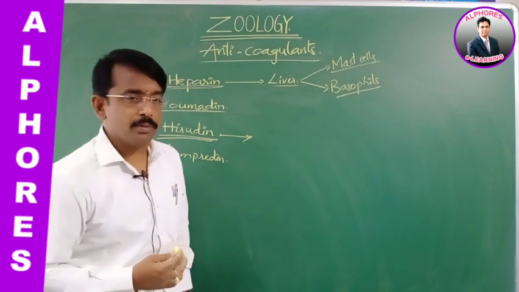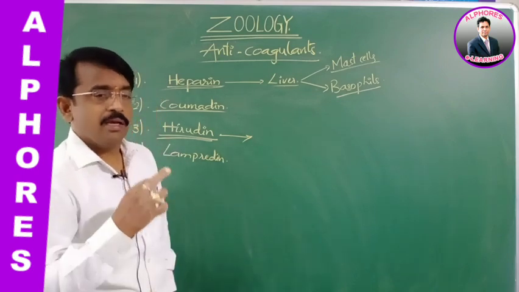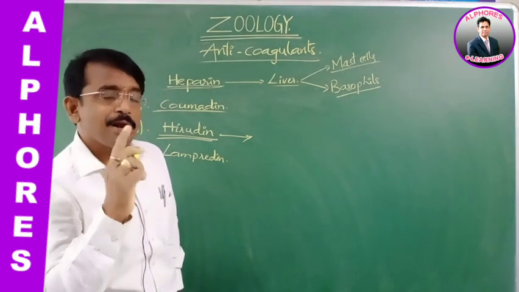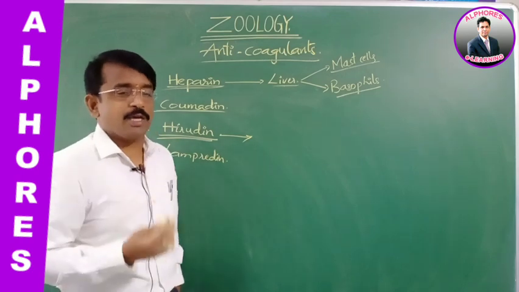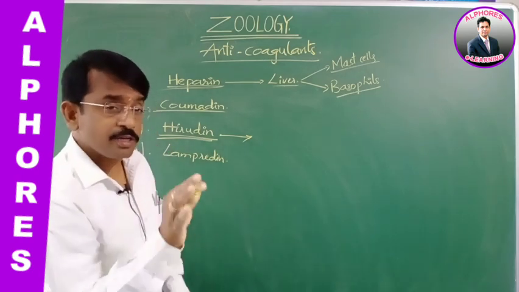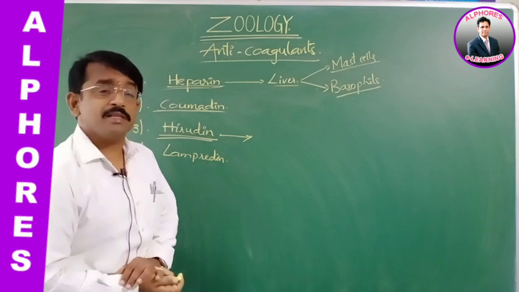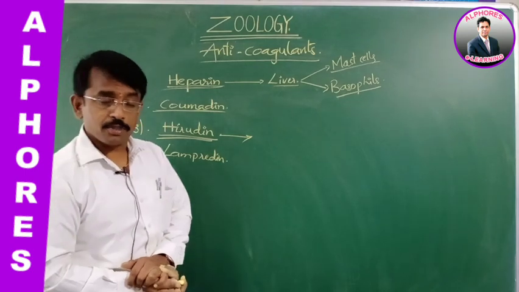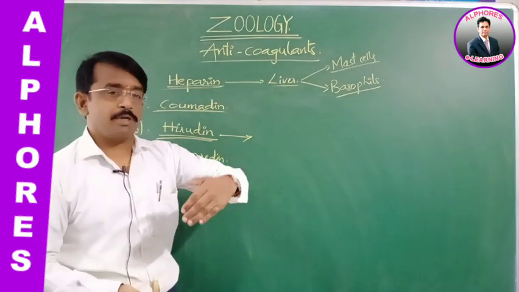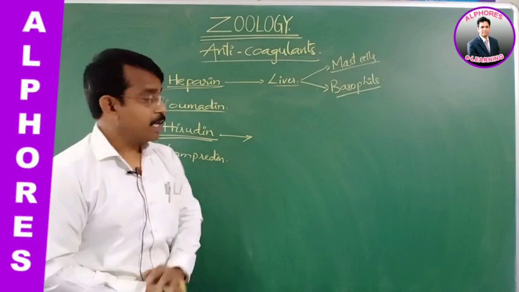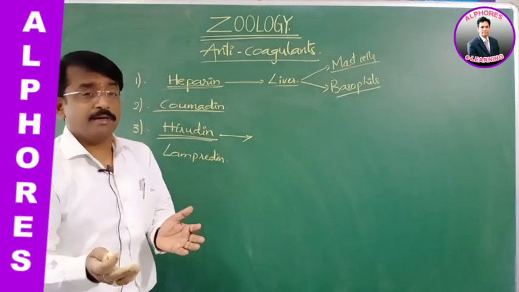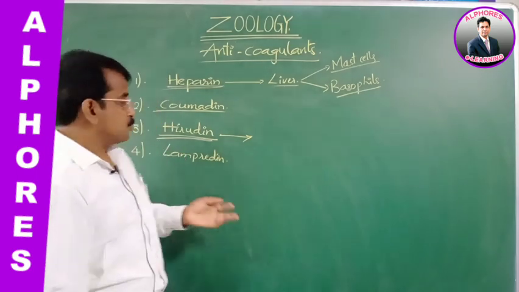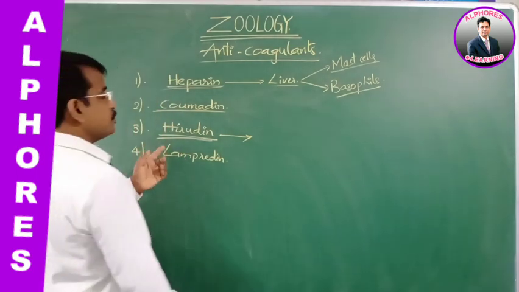I already told you, vitamin A in plant substances is in the form of beta carotene, which, when taken into the liver, is converted to form vitamin A. That's how the liver synthesizes vitamin A. So precursor means early form, like fibrinogen is the early form of fibrin. So that is Coumadin. Next is Hirudin.